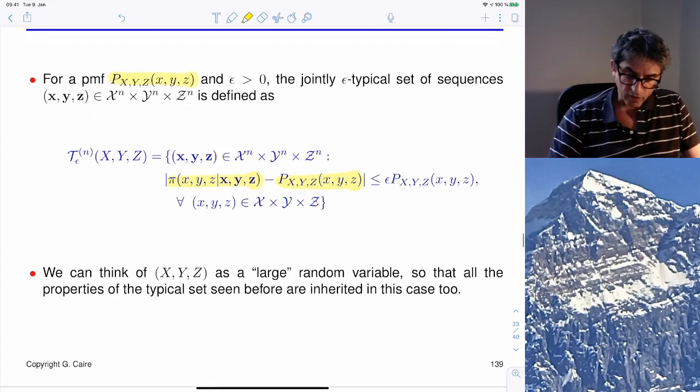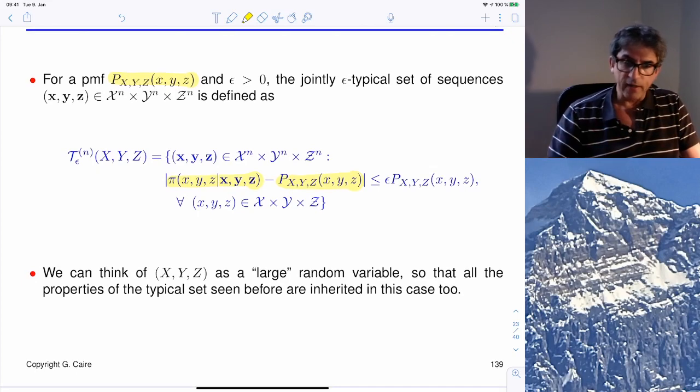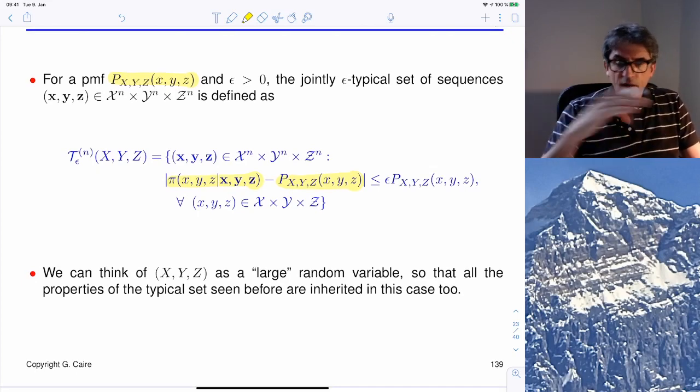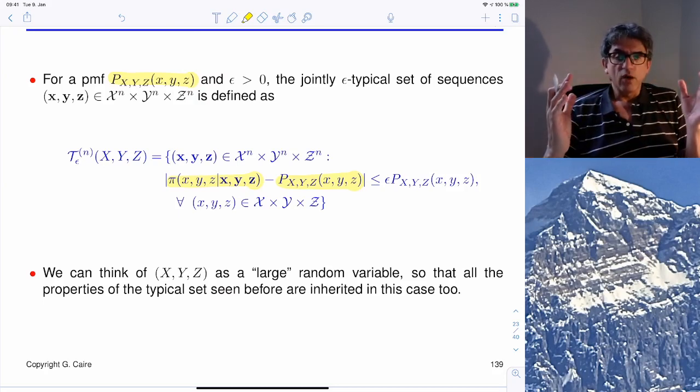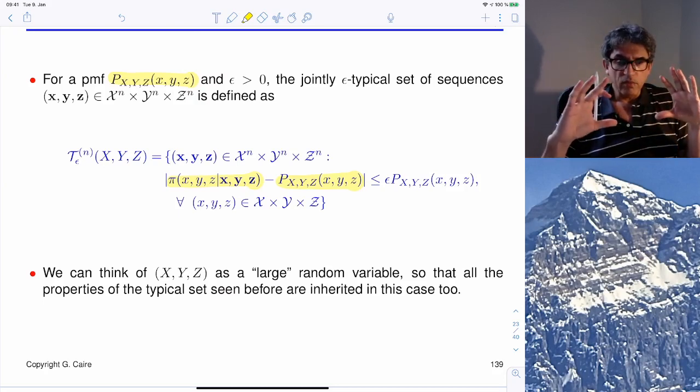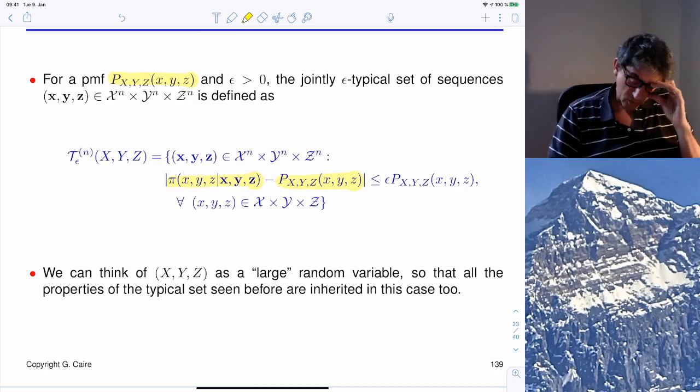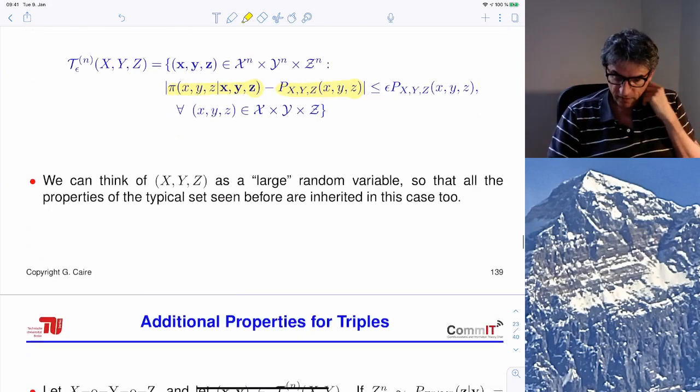You can define, for example, the typical set of any set of random variables, always referring to the joint distribution, the joint PMF of those random variables.